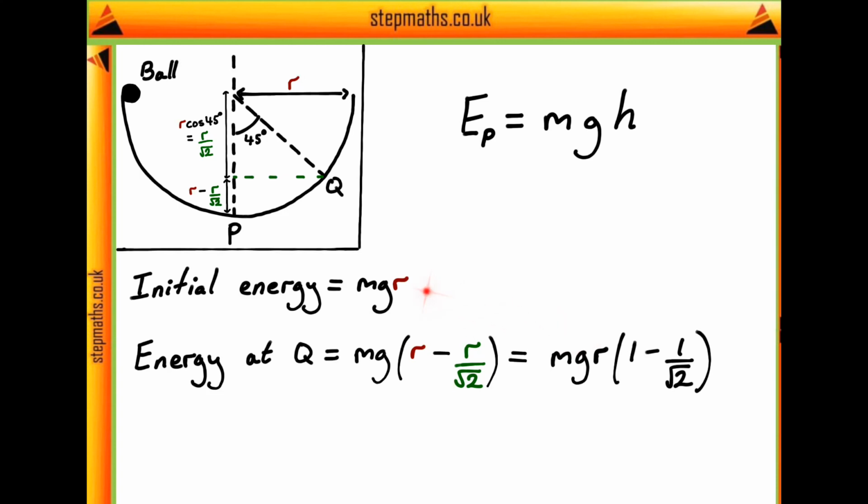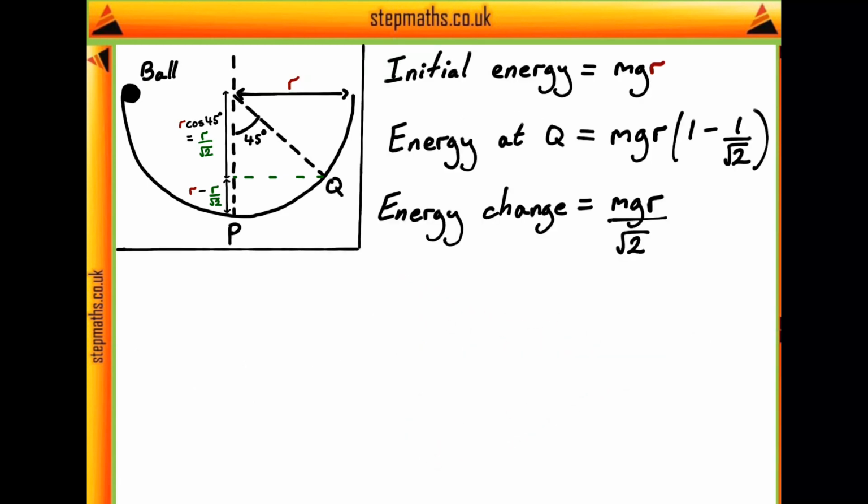So the change in energy between these is going to give us an indication of what the rate of energy change is. So if we do go ahead and think about the energy change, then it's just going to be mgr over root 2, by taking this value away from our initial value.